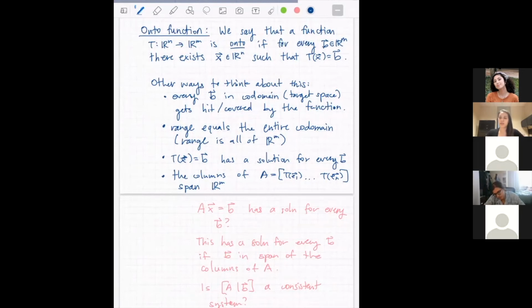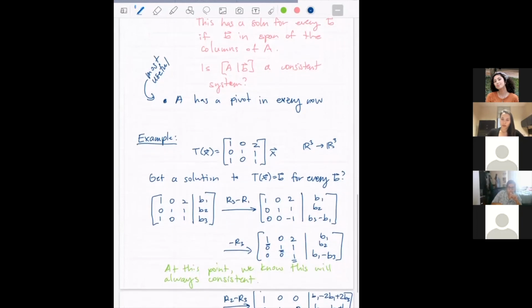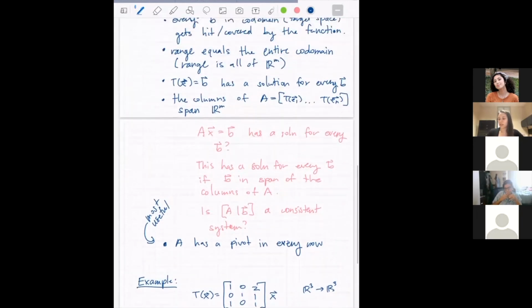You have to do the least number of computations or work to figure out whether A or T is onto if you use this way of thinking about it. So this is probably the most useful, but not the most intuitive, right? Okay, so these are good to keep in mind, especially these last three ways of thinking about this.